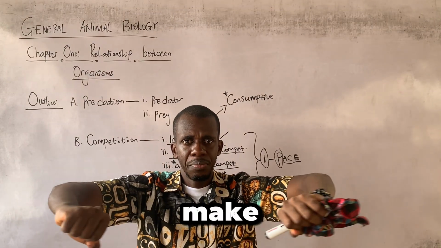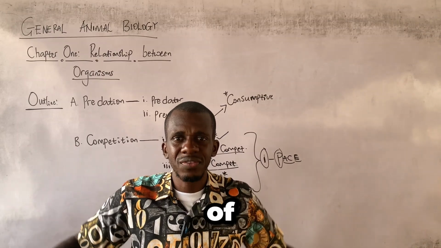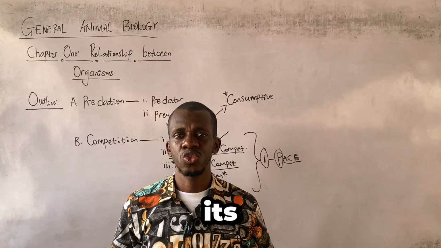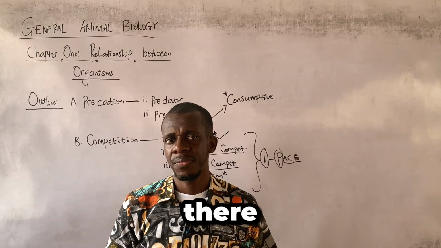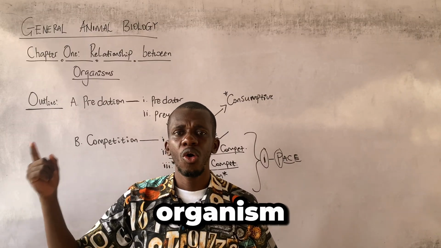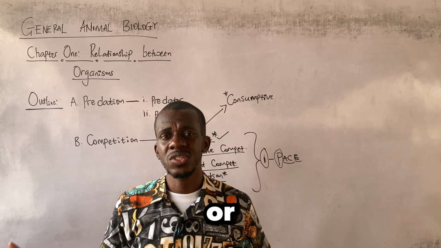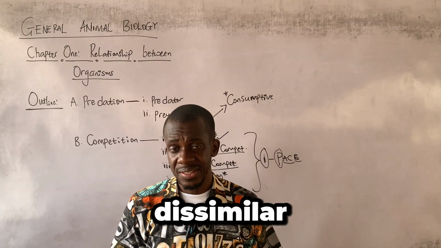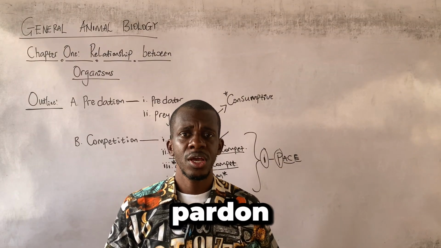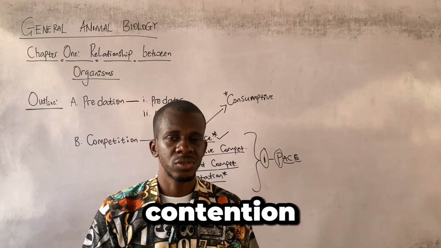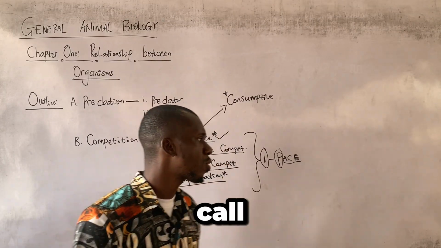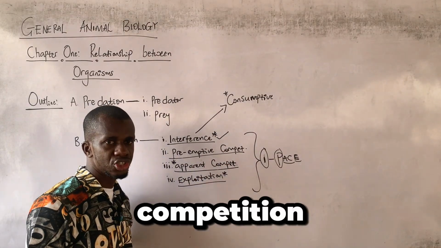It's trying to make sure it has every part of that territory under its control and influence, including the resources present there. So when another organism of same species or similar species, or rather dissimilar species, I beg your pardon, comes into that territory, there's going to be a contention. So this is what we call preemptive competition.